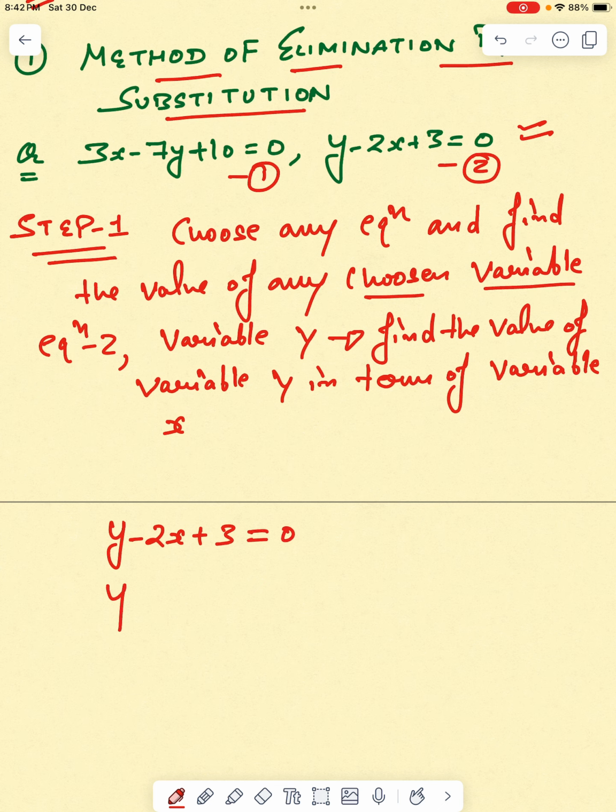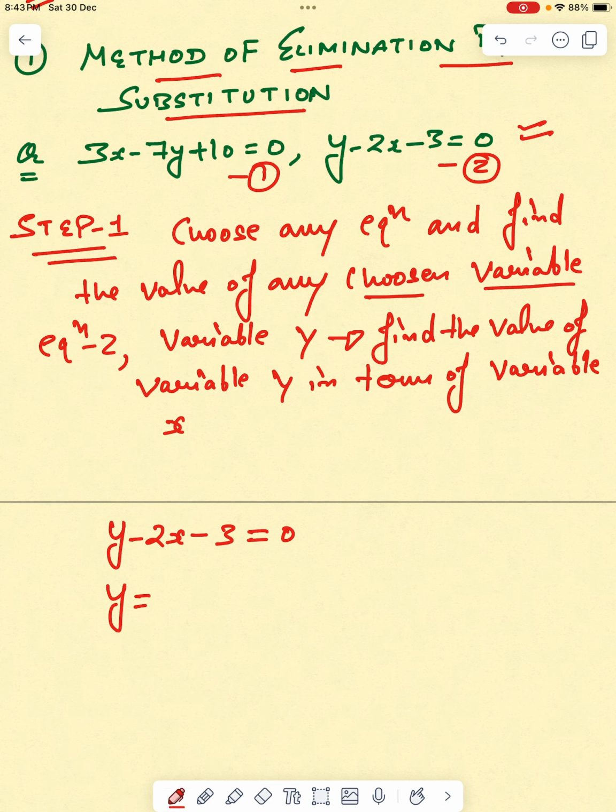You can say y is equals to, if you take it on the right hand side, what will you get? Sorry, my mistake, here is the minus sign. Okay, now I'll just correct it here also.